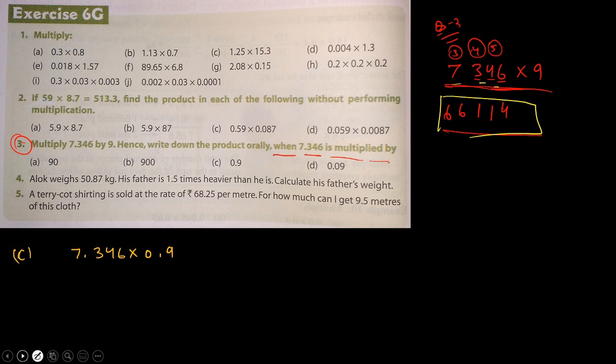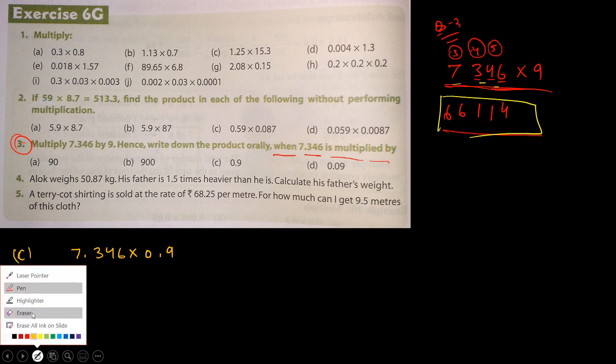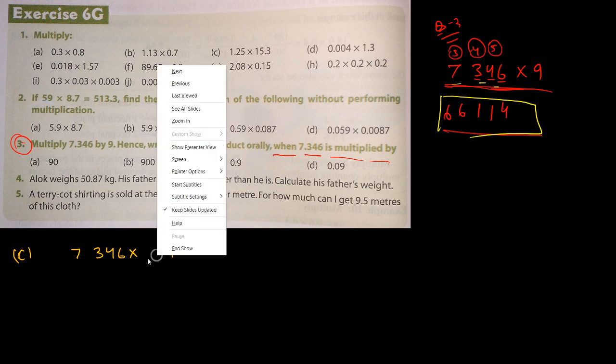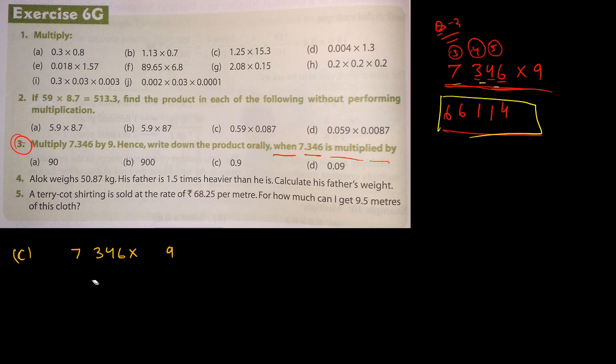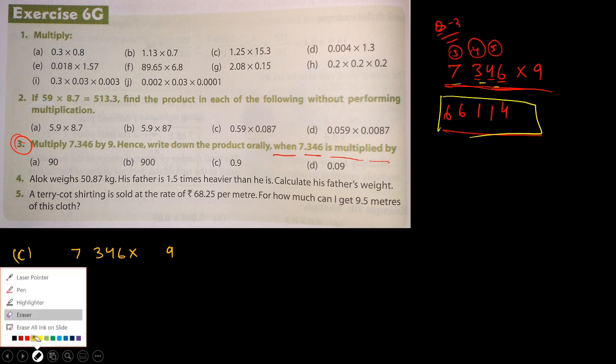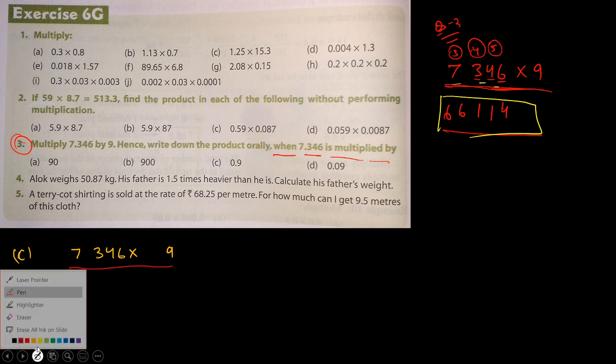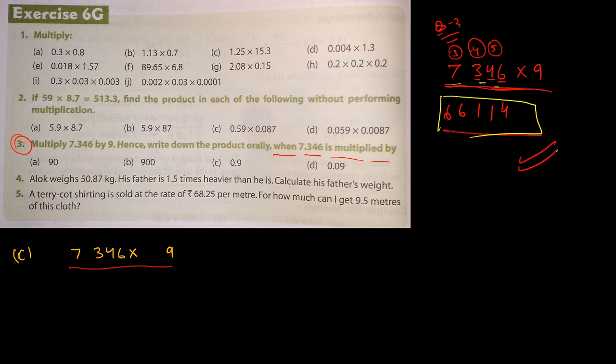So forget about the decimals. Just forget that there is any decimal. So I'm erasing the decimal and this 0 also. So what will happen if I multiply 7,346 by 9? So already we have done this multiplication here.